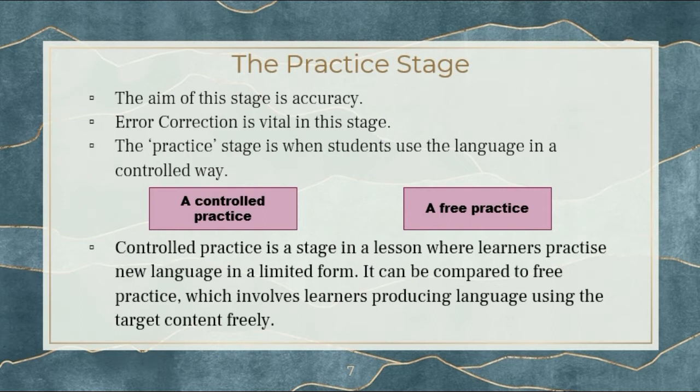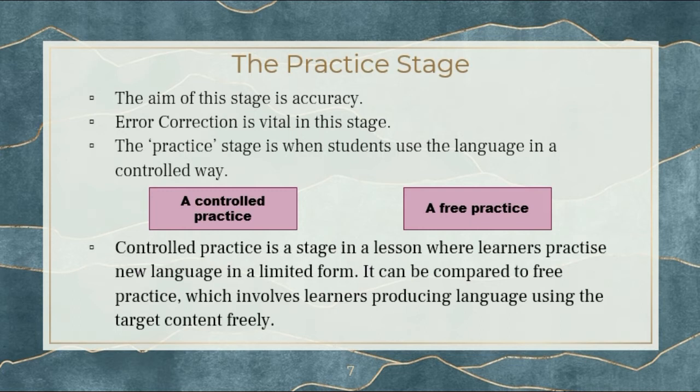The practice stage can be divided into two, which are controlled practice and free practice. So what is the difference between these two practices? Controlled practice is a stage in a lesson where learners practice new language in a limited form. It can be compared to free practice, which involves learners producing language using target content freely.